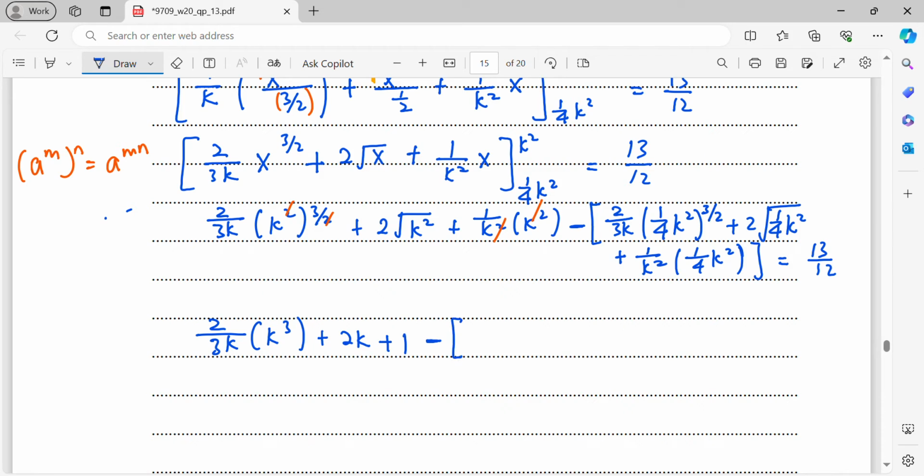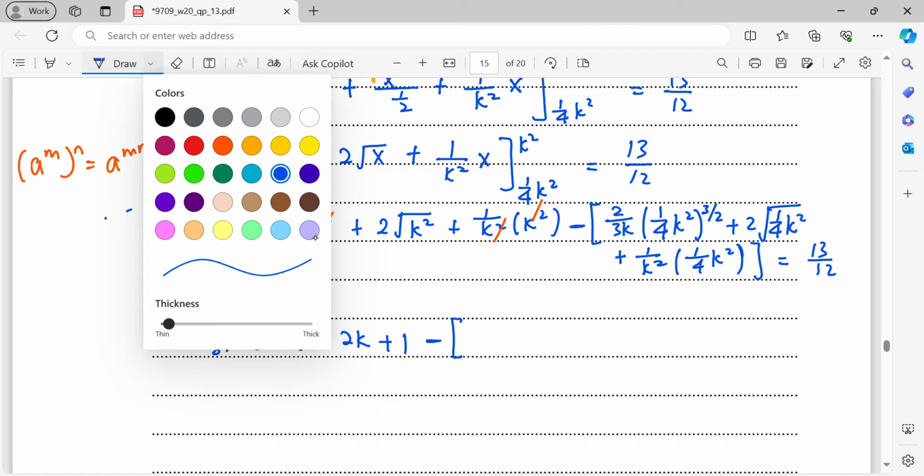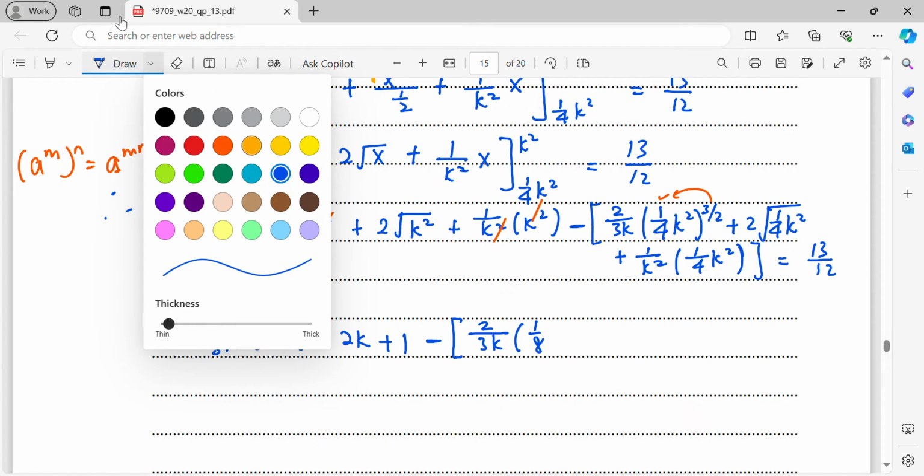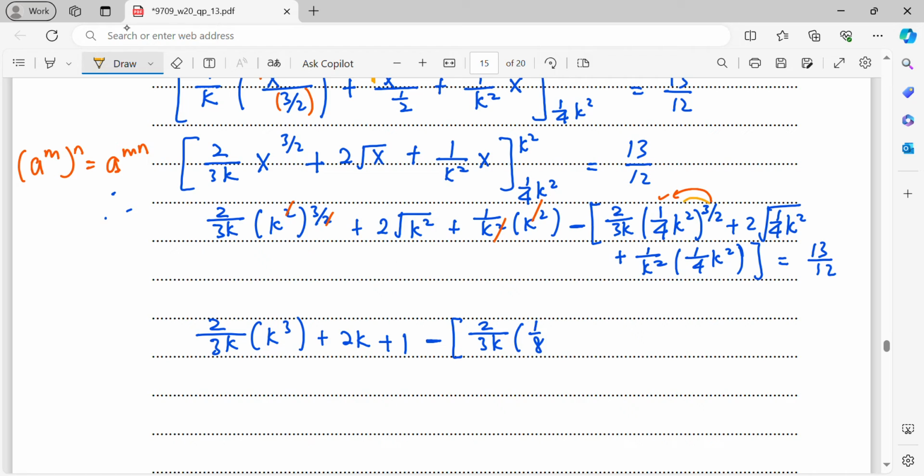Minus. Okay, now this 1 over 4, here 1 over 4 to the power of 3 over 2, you will be getting 1 over 8. So I will write 2 over 3k, 1 over 8 first. Then the k squared, this term also multiplied to the k squared.